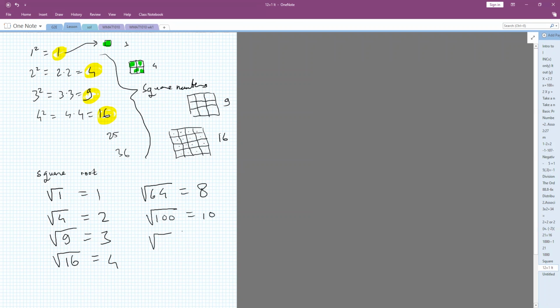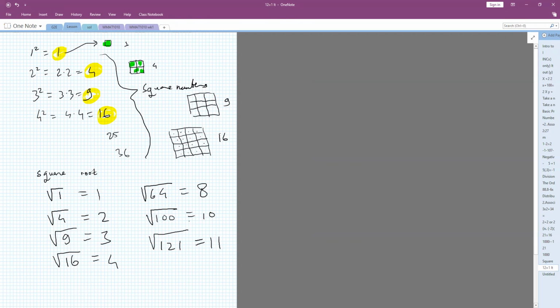What about the square root of 121? 11. Yes, 11.